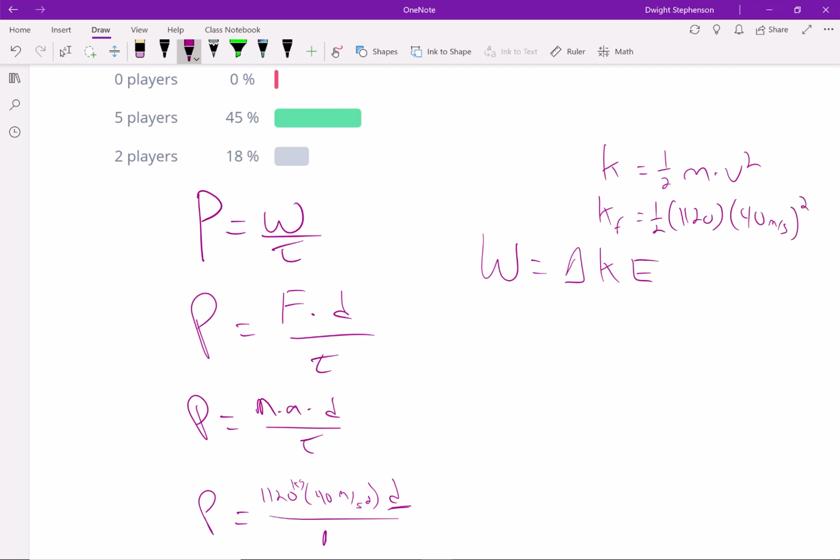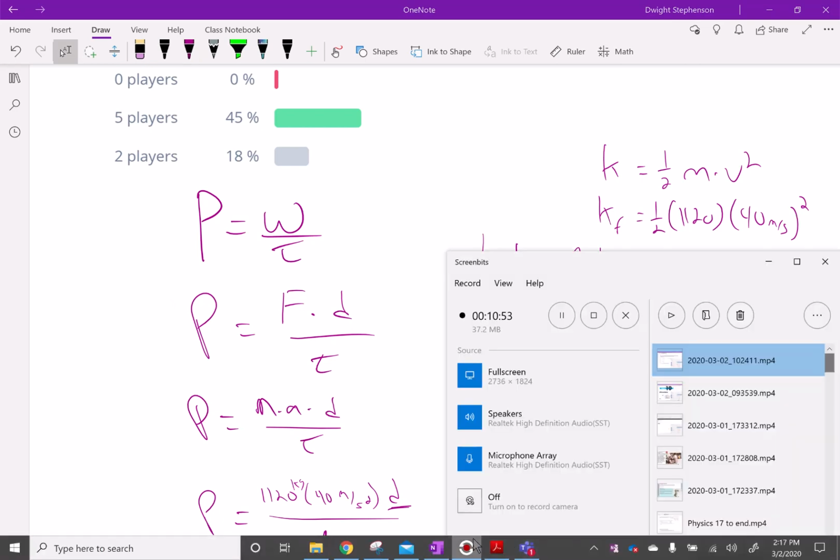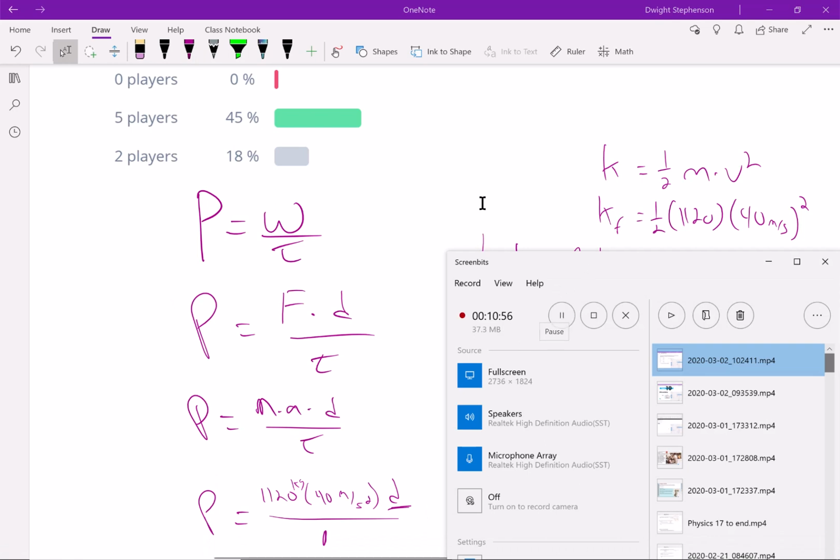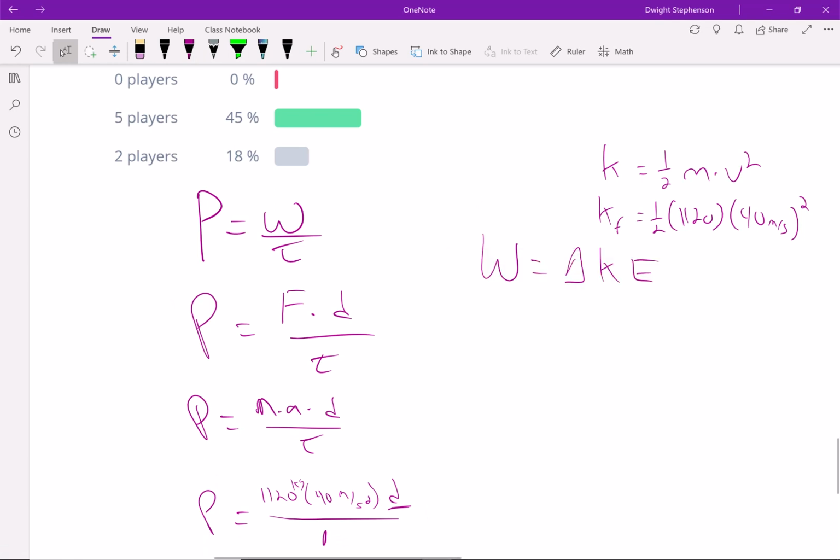Let's get that number. 0.5 times 1120 times 40 squared gives you, when we put it all in, 896,000 joules. So that's our work.